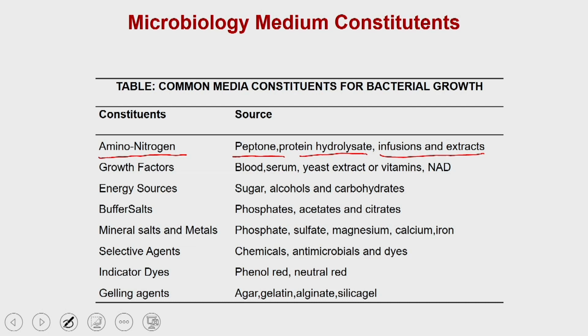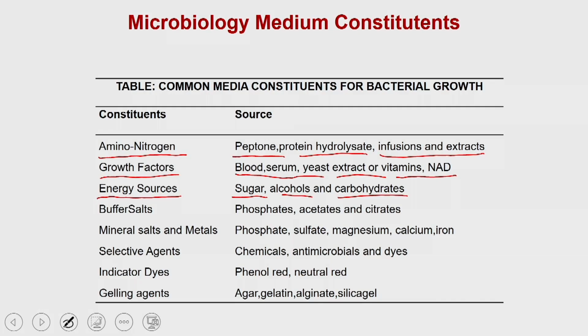Then you also need to provide the growth factor. Some bacteria require growth factors, which you need to provide in the form of blood, serum, yeast extract, or different types of vitamins, NADH. Then you also need to provide the source of energy. The source of energy could be sugar, alcohol, or carbohydrates.